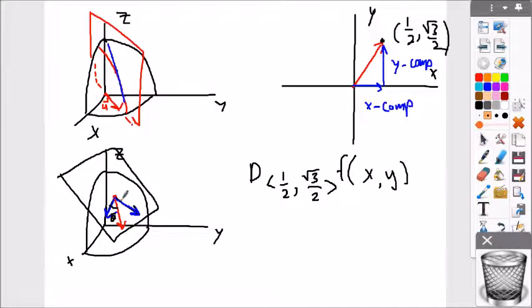Because we gotta pick a point, and then we gotta pick the direction that we want to go as well. In this case it's 1/2, square root of 3 over 2, and how you're going to be able to find that unit vector depends on the angle between the x-axis and the direction that you want to go to.